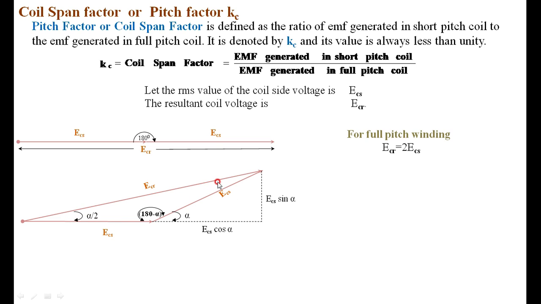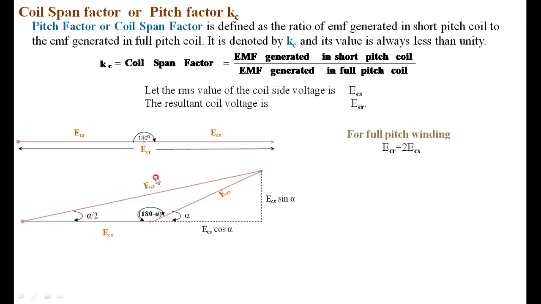It is half of this and half of that. Therefore, you are getting alpha by 2 and alpha by 2. Then it is shortened by the angle alpha, because if this is 180, therefore this angle should be alpha.